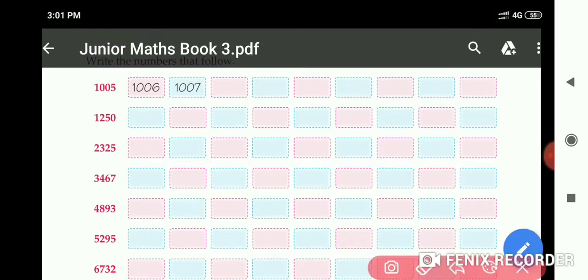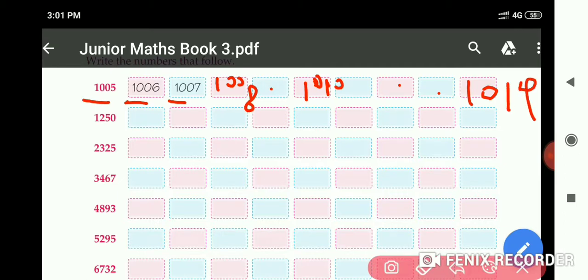Write the numbers that follow. You have to write down the counting, which number comes after the given number. In the first number, 1005, we have written 1006, 1007. What will be the next number? 1008, then 1009, 1010, then 1011, 1012, 1013 and 1014.